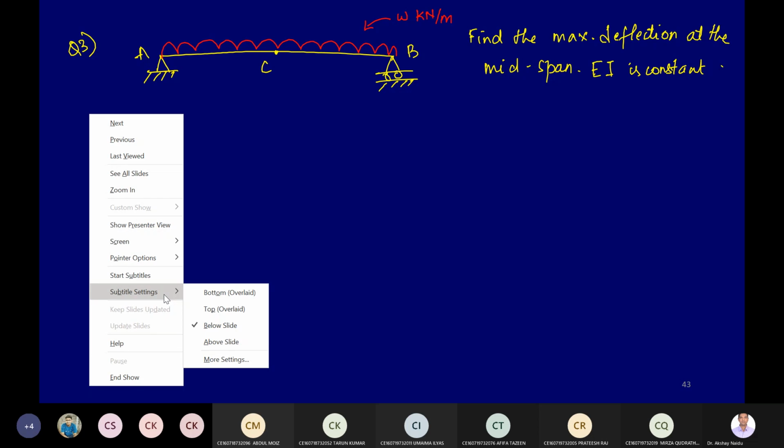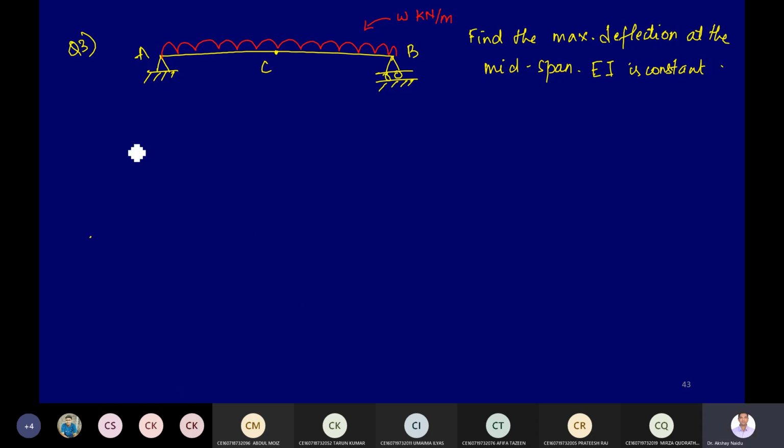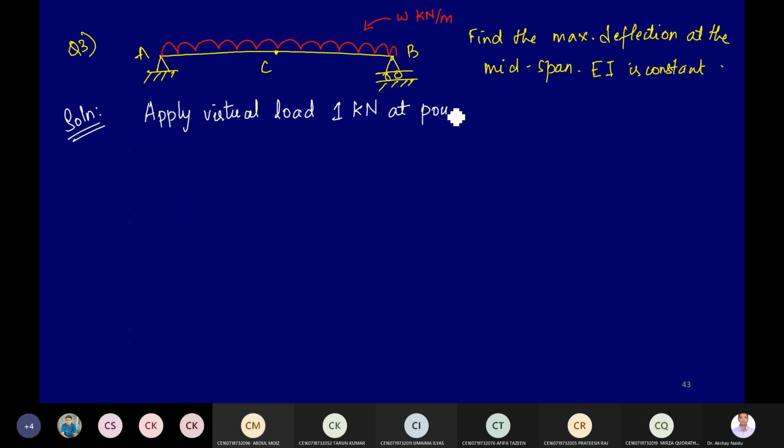Apply a virtual load, one kilonewton at point C.